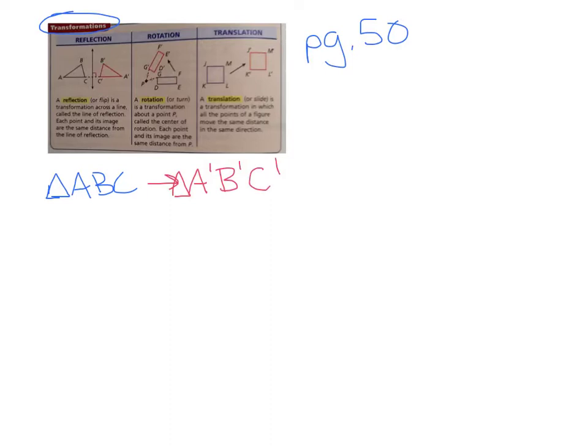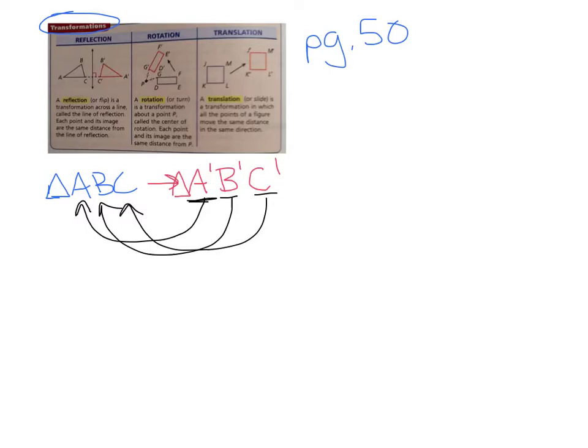These little marks, they look like ones, really mean prime. So A prime relates to A, B prime to B, and C prime to C.